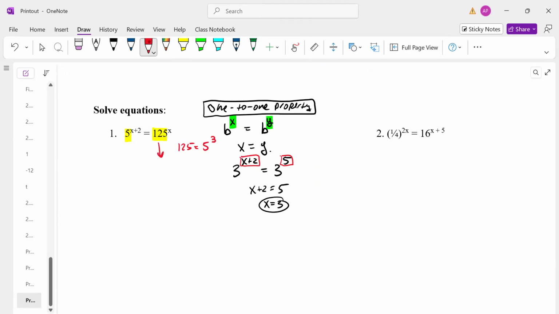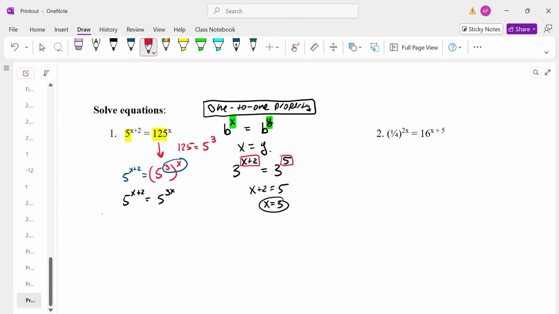So this 125 will be 5 to the power 3, to the power x. Now on the left side, we're still going to have 5 to the power x plus 2. Now, by the properties of powers, 3 and x can be multiplied. Therefore, we have 5 to the power x plus 2 equals 5 to the power 3x.